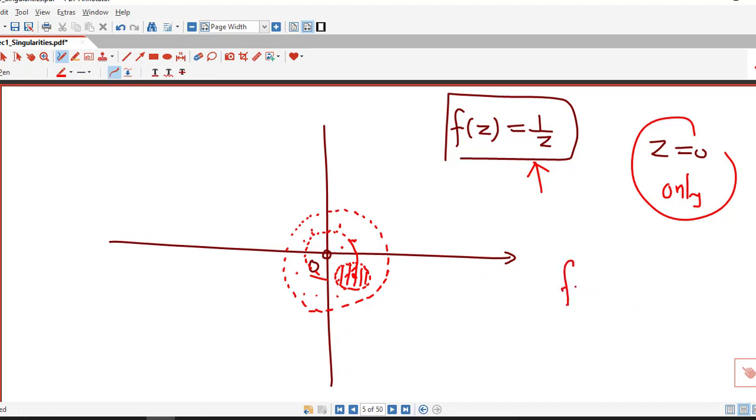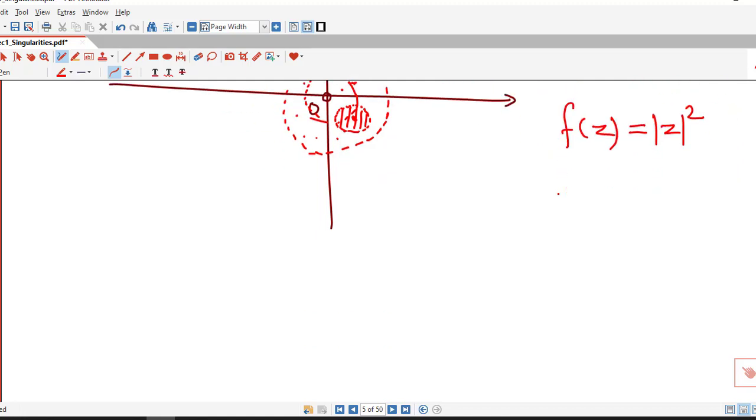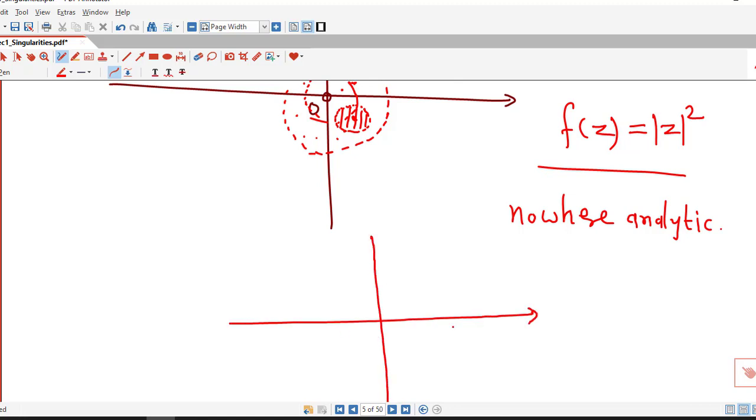But if we consider the function square of absolute value of z, then we know that this function is nowhere analytic. There is no point at which the function is analytic, or we can say that for every point of the complex plane, this function is not analytic at that point.